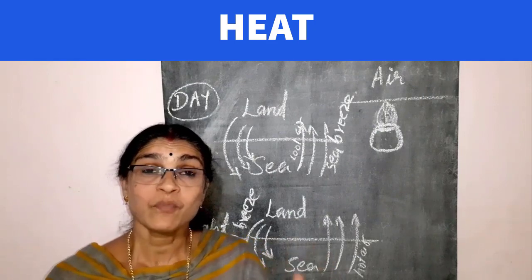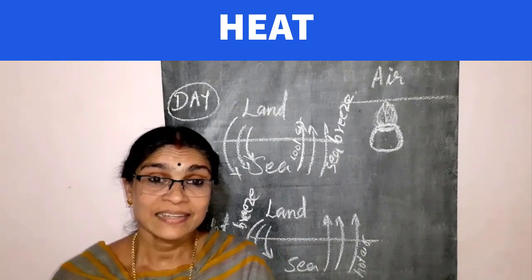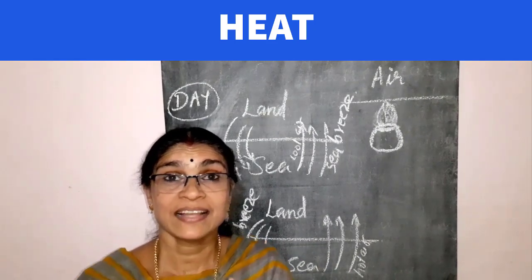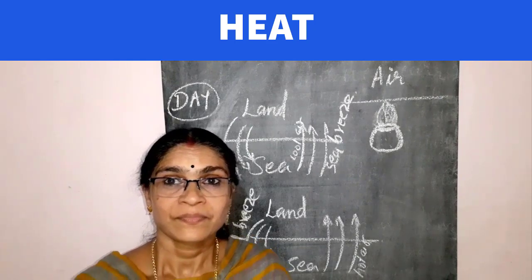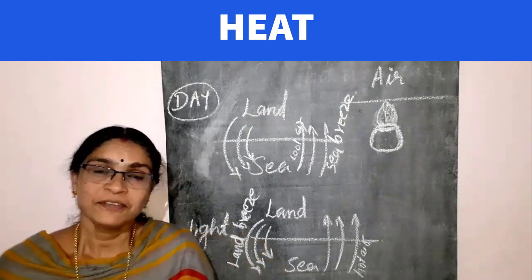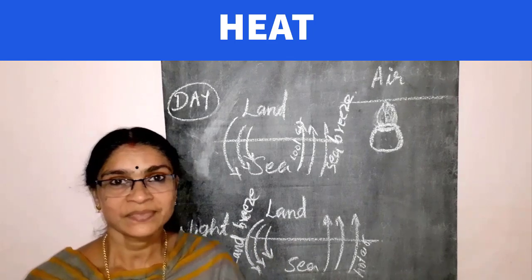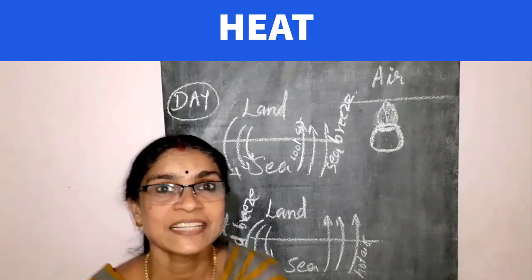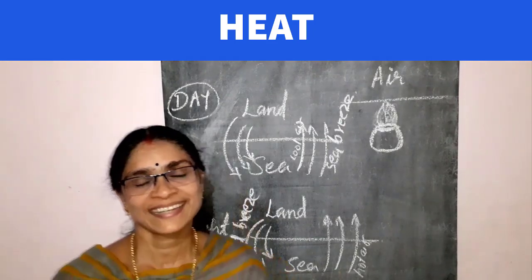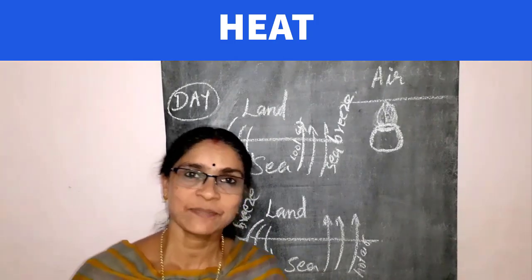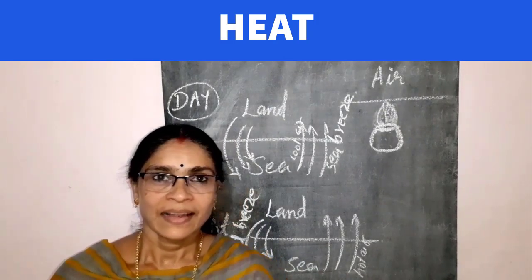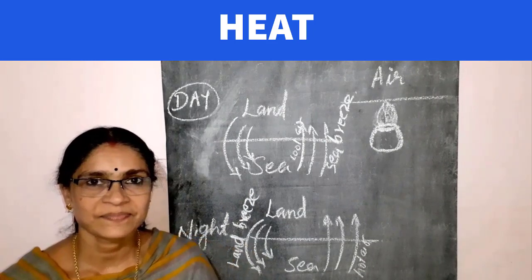They absorb more and reflect very little. Because of that, we feel warm while wearing such dresses during winter season. There is one activity given in our textbook. Let us discuss about that.